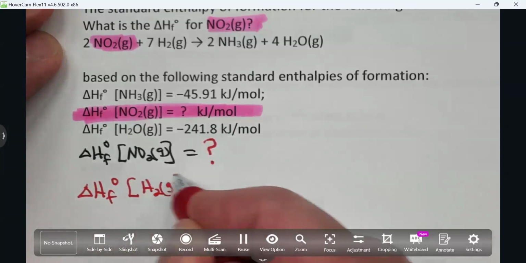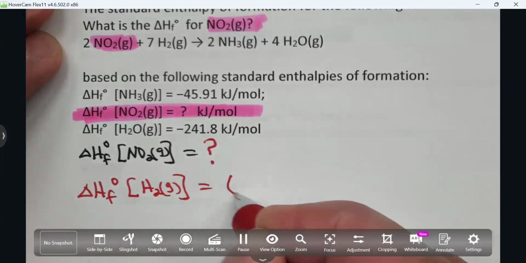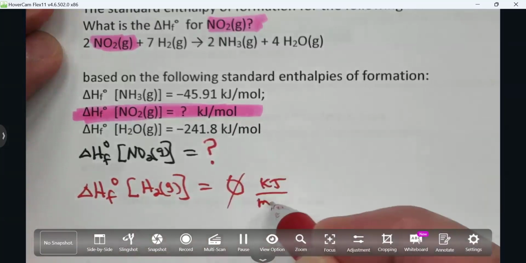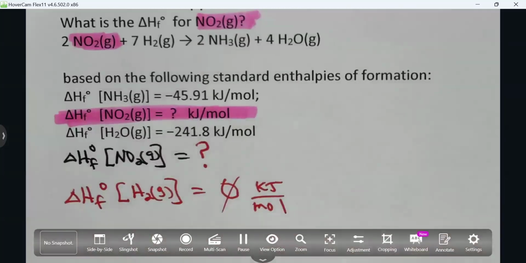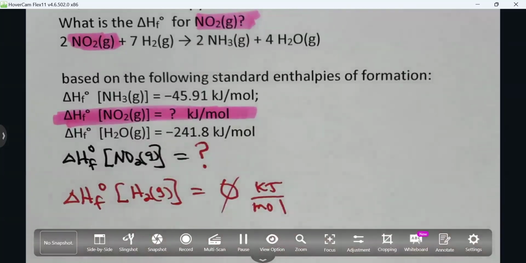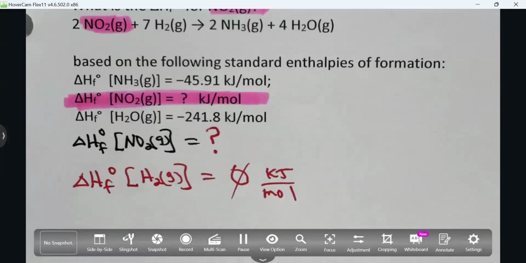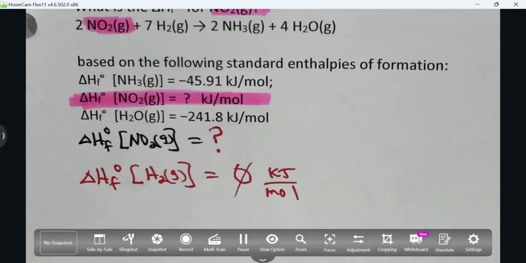It is what? 0. So if it looks like an element, it's hydrogen. Hydrogen similar to oxygen, it's O2. If it's not given, it's 0.